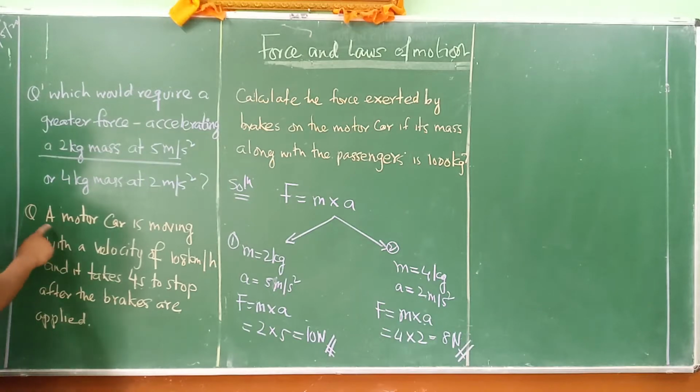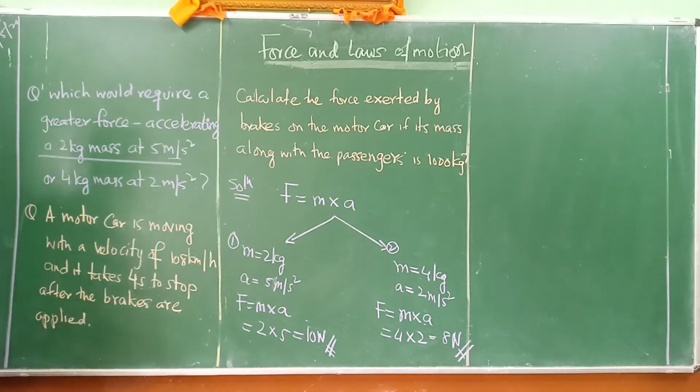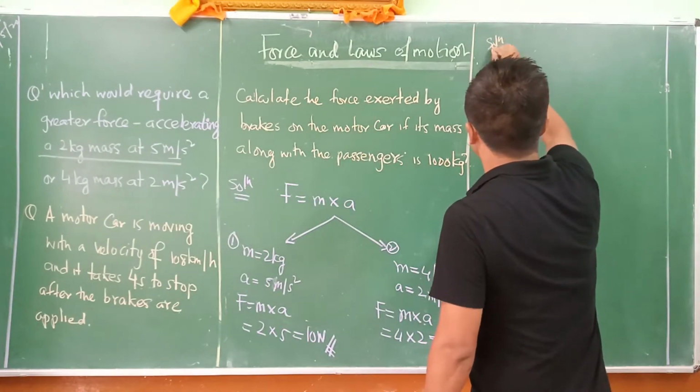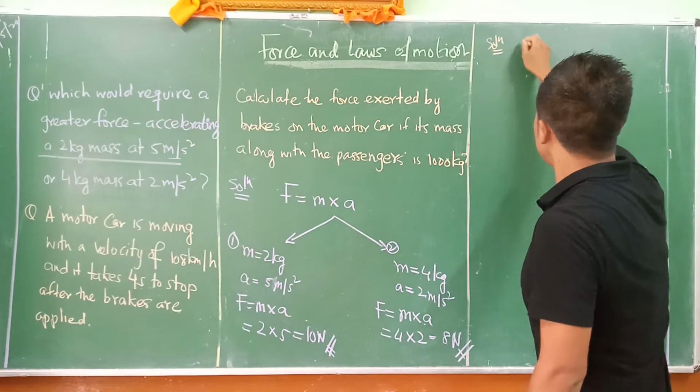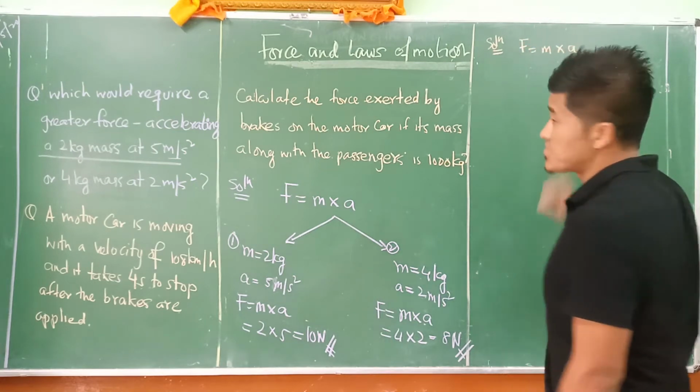In the second question, a motor car is moving with a velocity of 108 km per hour. This is the solution. We know that force is equal to mass into acceleration.